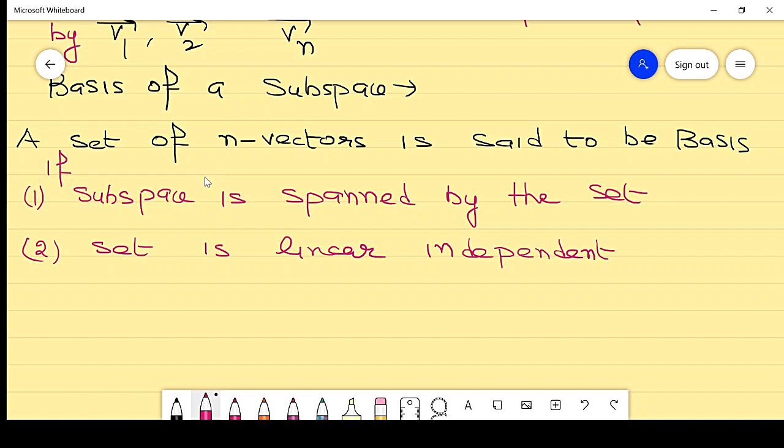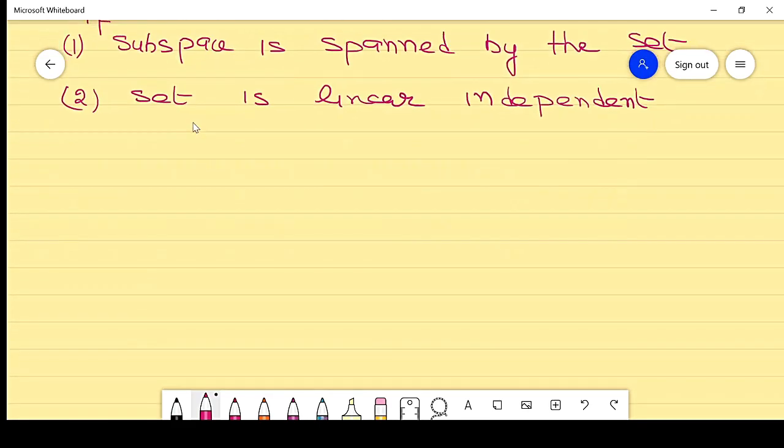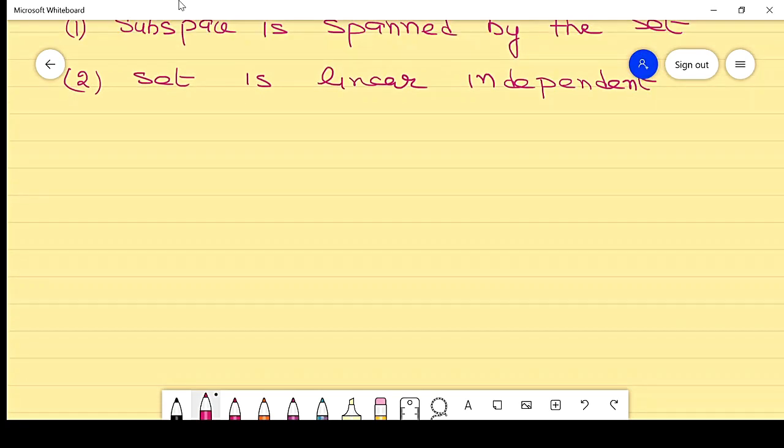Clear? Now row rank and column rank, another definition. So what is a row rank? Row rank is the subspace spanned by the m rows, so that is a row rank.